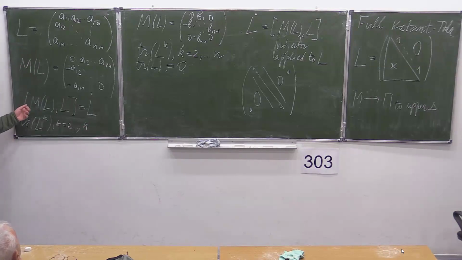But now they are not nearly sufficient to provide the integrability of our system, because now the dimension of the phase space is proportional to n squared divided by 2. And we have no more than, well, n minus 1 first integrals of this sort, even if we don't care about the Casimirs.